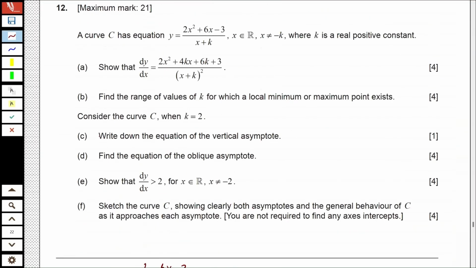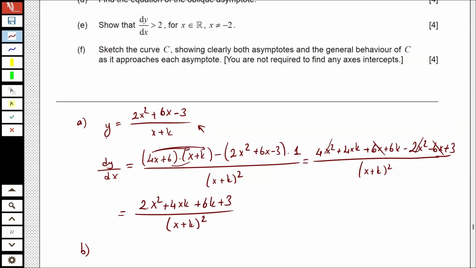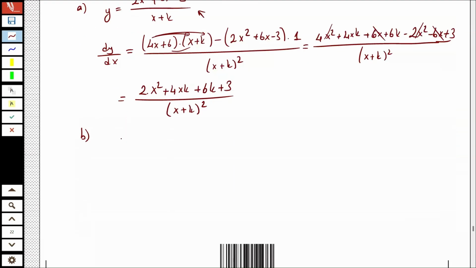Question B. Find the range of values of k for which a local minimum or maximum point exists. To find the maximum or minimum points of the function, we find where the derivative of the function is 0.